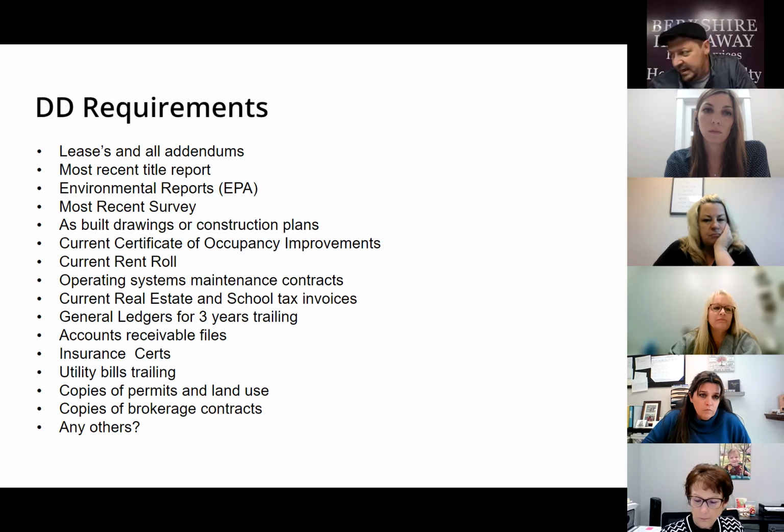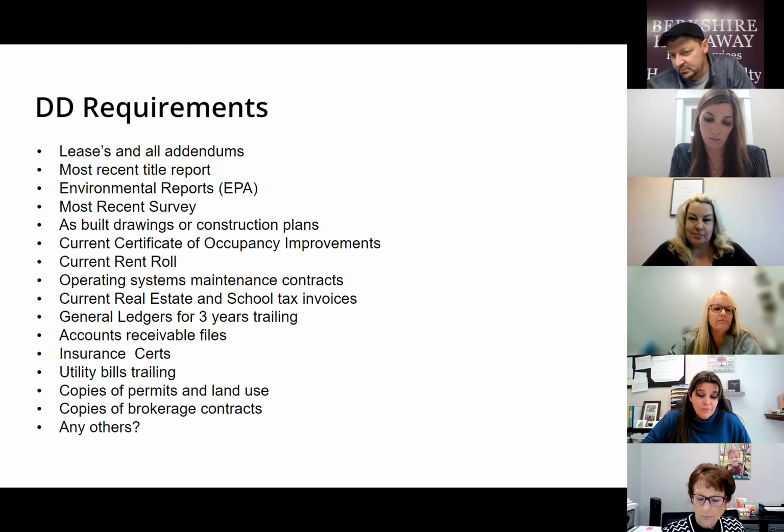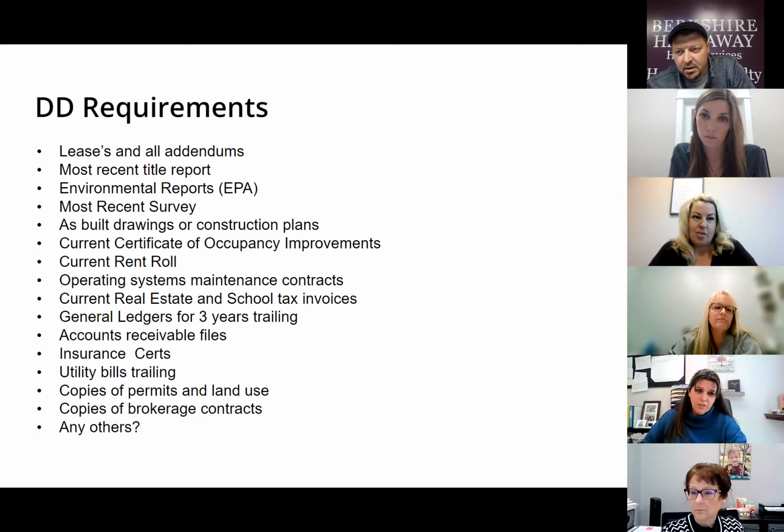Anyone want to guess why they would need an environmental report? Anyone? So you say environmental reports, do you mean like underground tanks and things that may have leaked into the dirt and all that stuff? Exactly, Melissa, exactly.